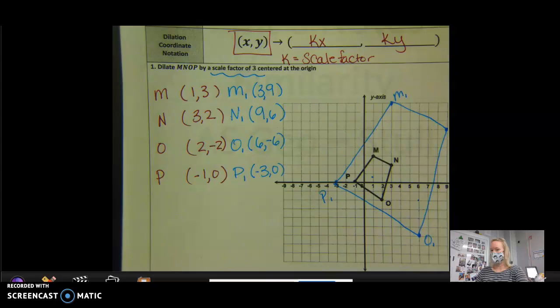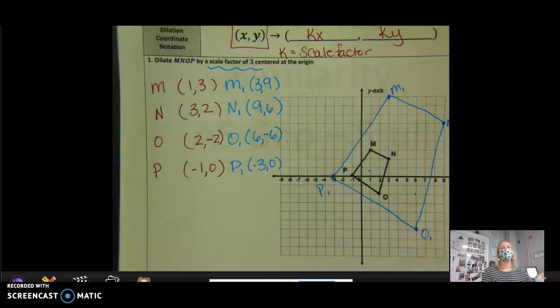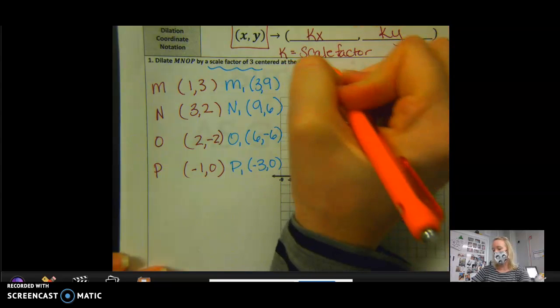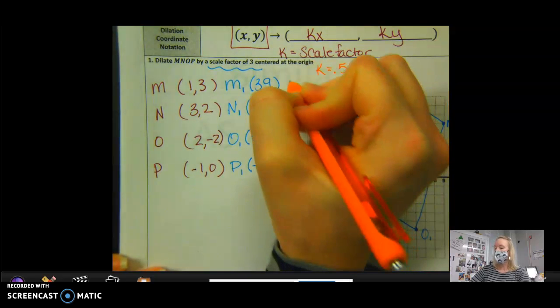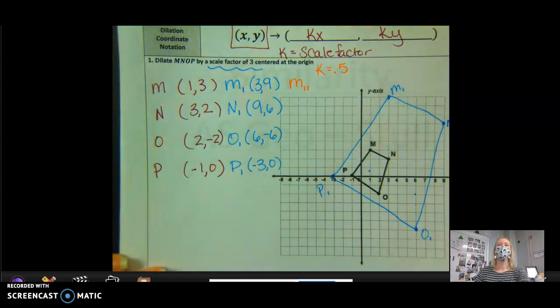Yes, 9. All right. What I was talking about earlier is if I were then going to take these points and do a new scale factor of, let's say, 0.5, we would call the new figure M double prime, because it is the third figure in the set. Does that make sense, what I was saying earlier now? Okay. All right, next page.